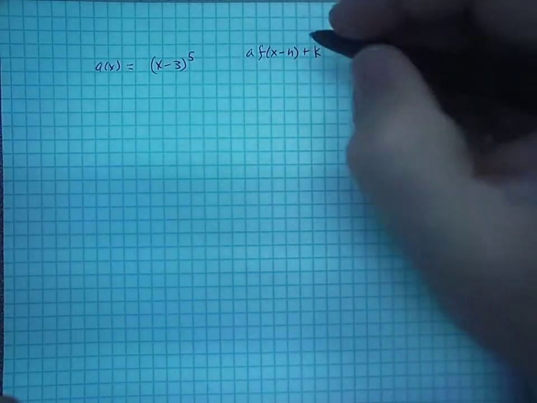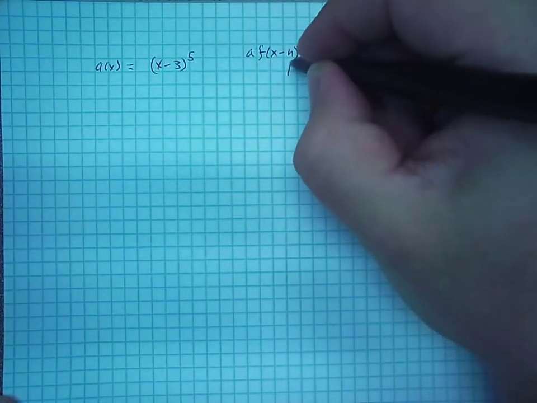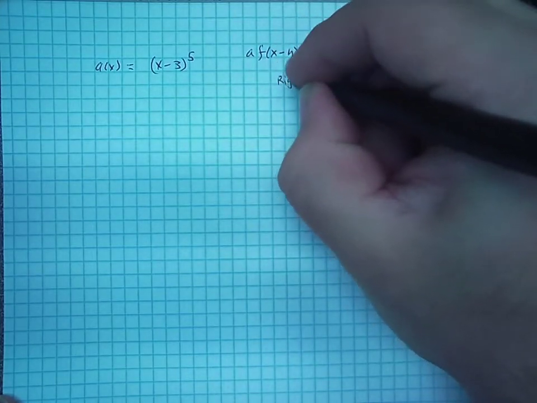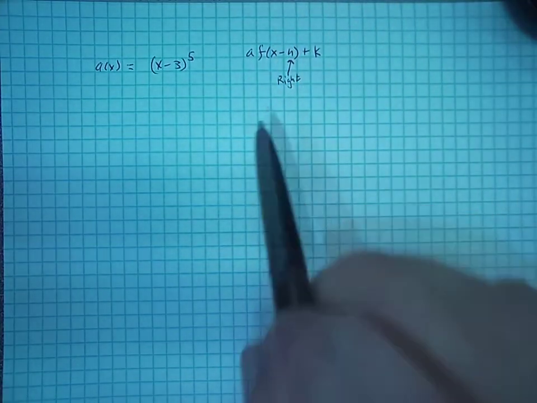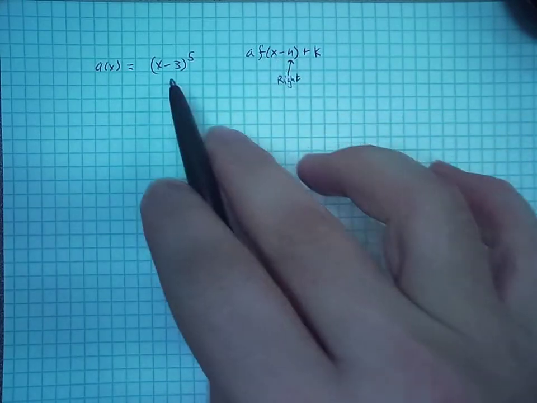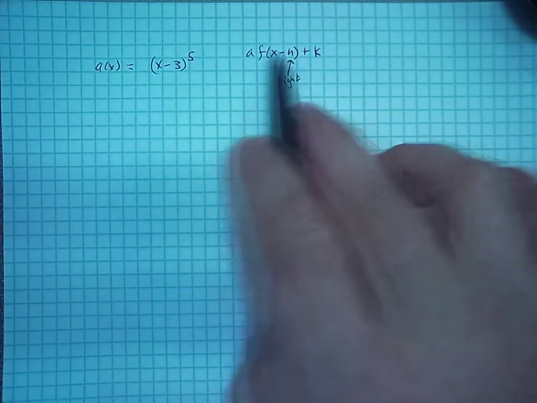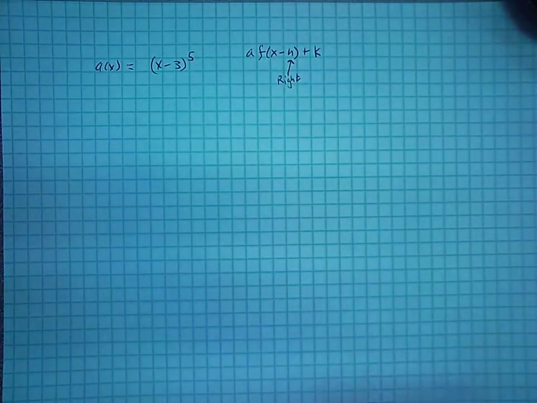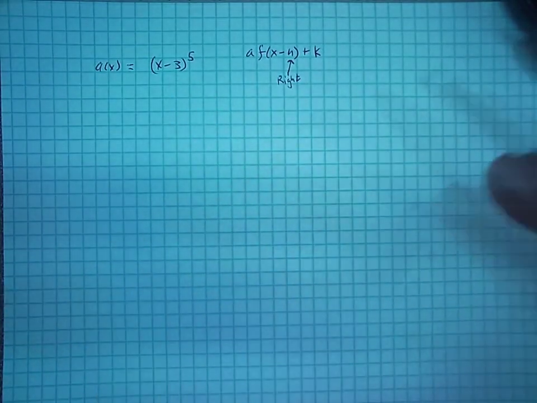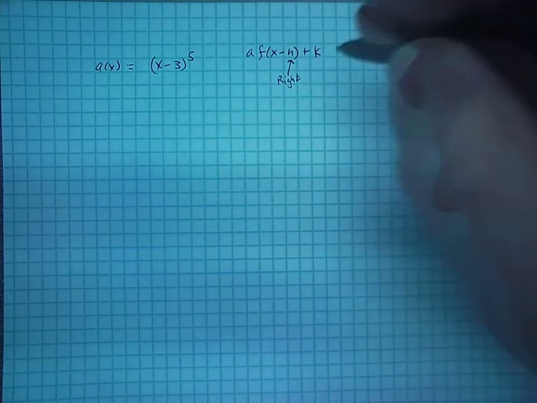In case you have forgotten, the number subtracted from the x is a horizontal translation. If we're subtracting a number, we're expecting a movement to the right. That's always backwards. So minus 3, because it's supposed to be minus, this 3 is positive, represents a move to the right. If this said x plus 3, that's x minus negative 3, it would be a movement to the left.